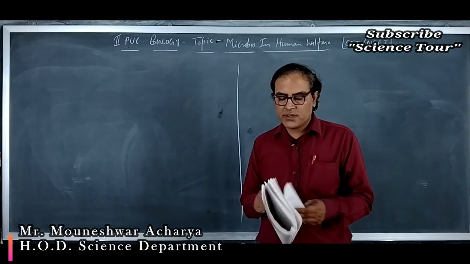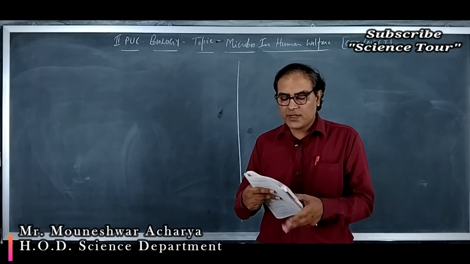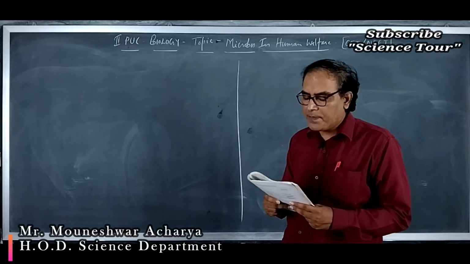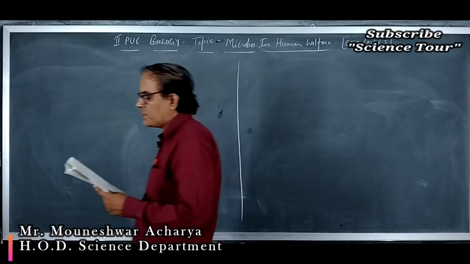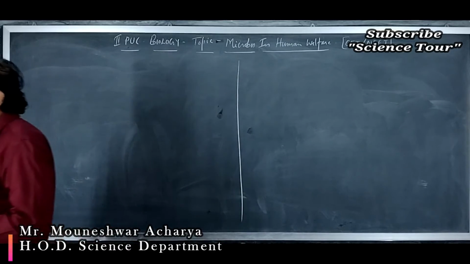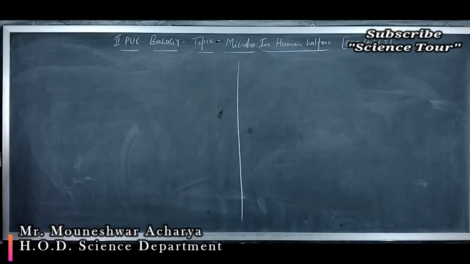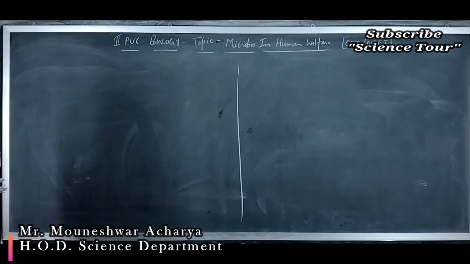Next question number 27. The puffed up appearance of dough is due to fermentation by the bacteria. Identify the gas liberated during the process. Which gas is liberated? It's a direct question, very simple, carbon dioxide. Next, another important question. To identify an organism that can produce biomass of protein.